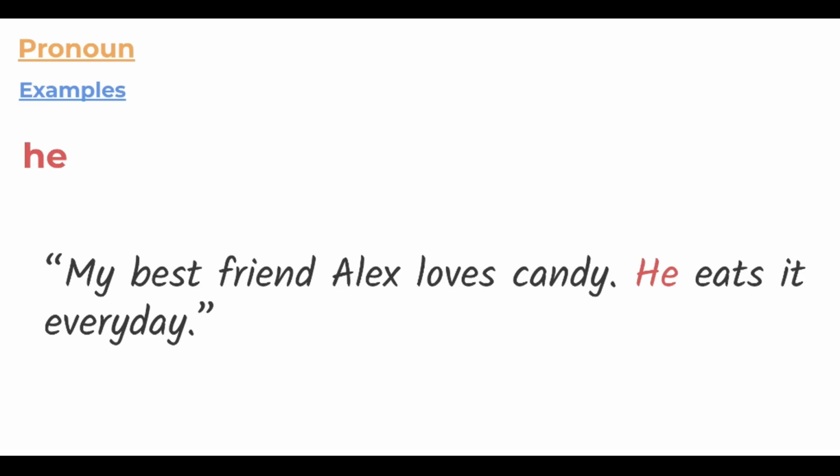So the first sentence, my best friend Alex being the noun, the person, capital A, proper noun. So now we know what the speaker or the writer is talking about. We're already talking about Alex. So it's perfectly fine to now use a pronoun to refer back to Alex.